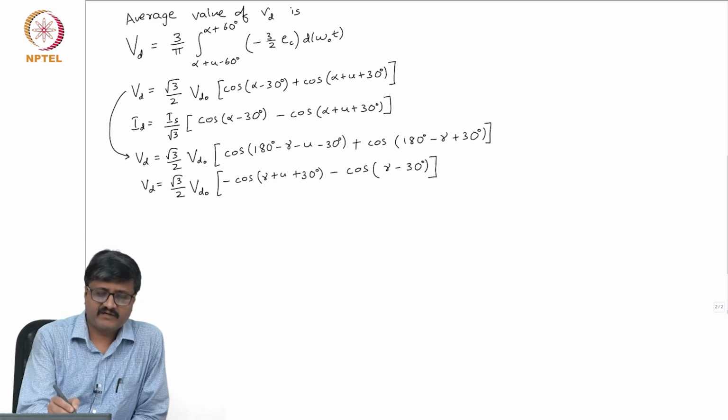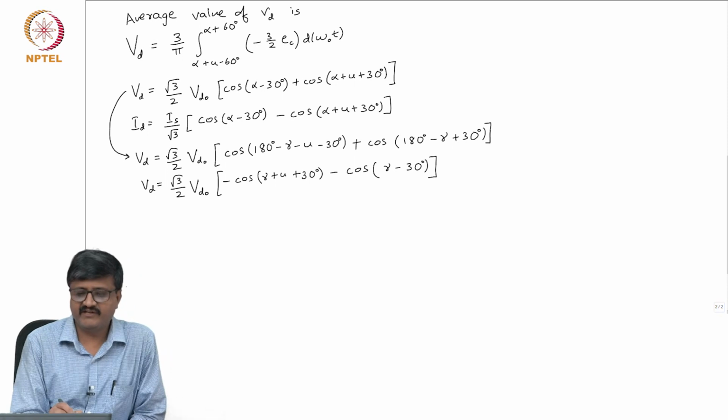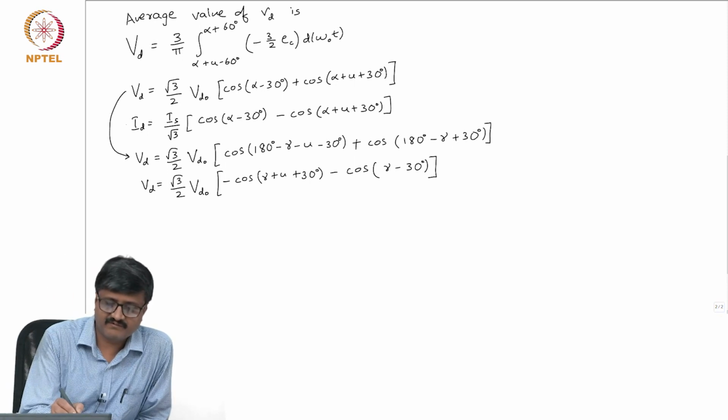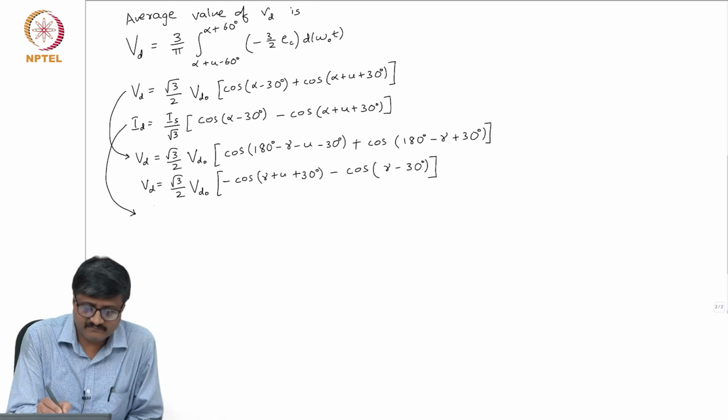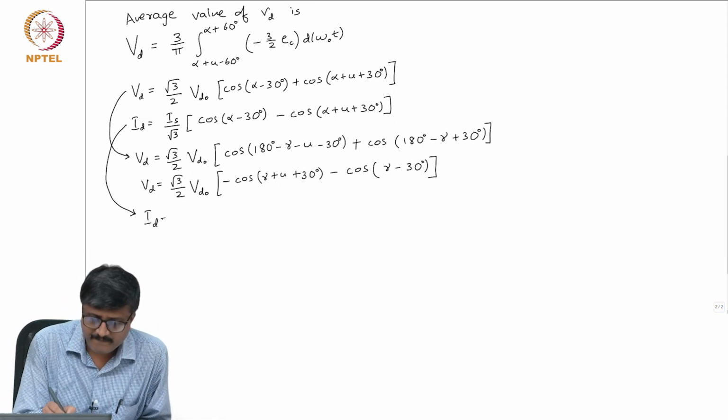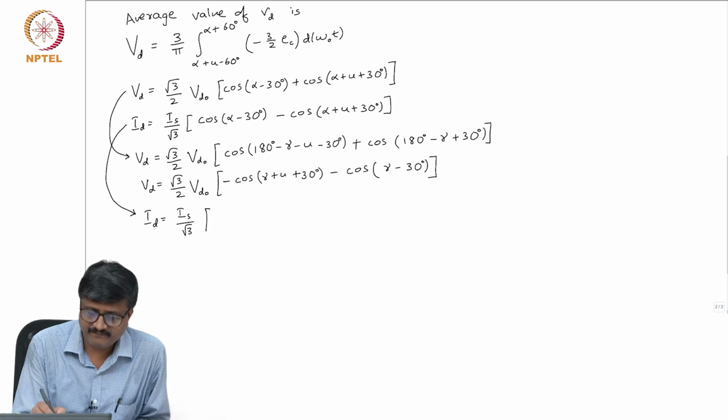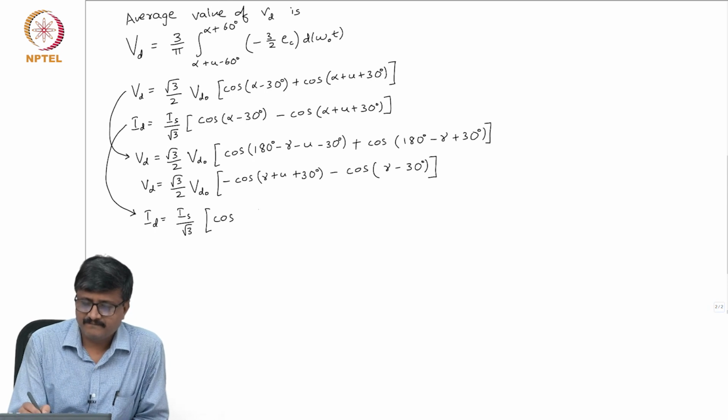Similarly, I try to write the expression for Id in terms of gamma instead of alpha. So, if I take Id, Id is Is by root 3 cos. Can I straight away write the expression?